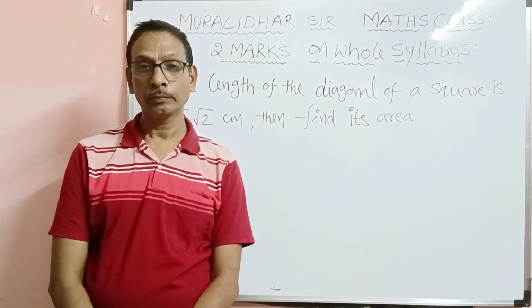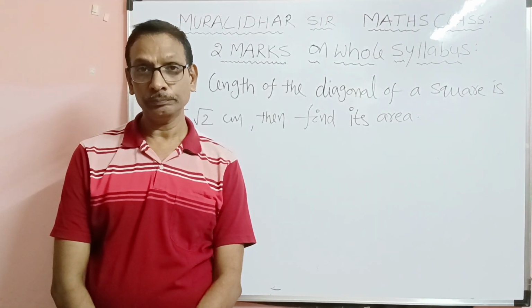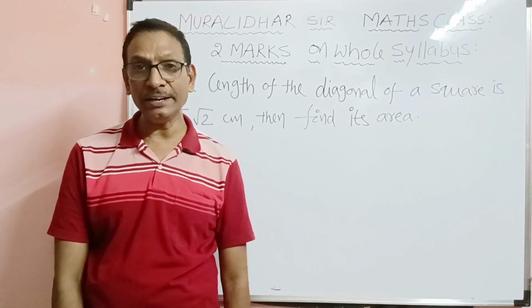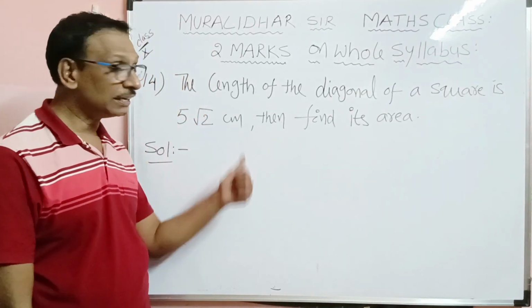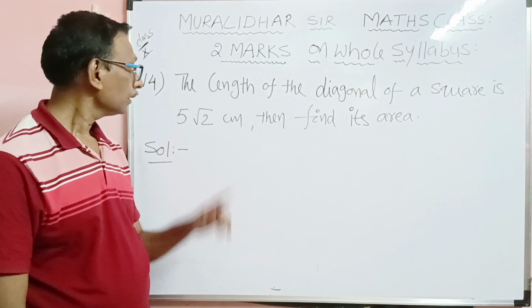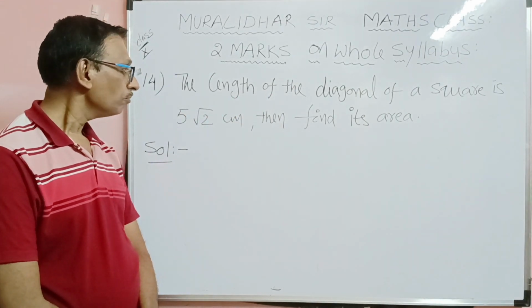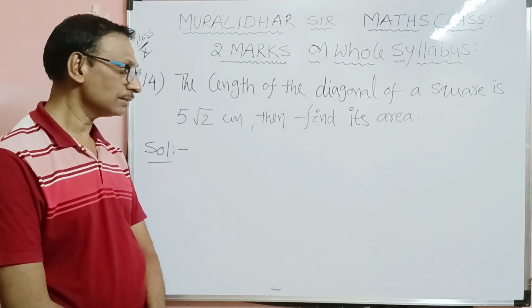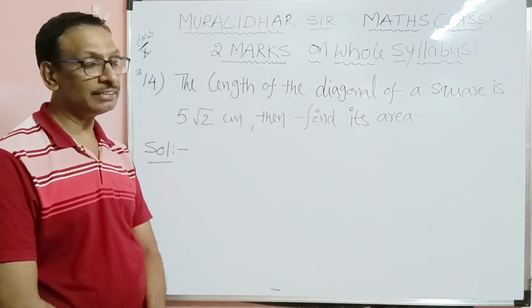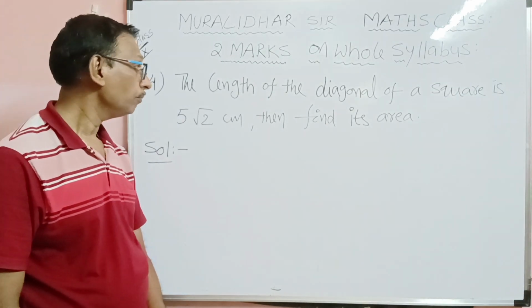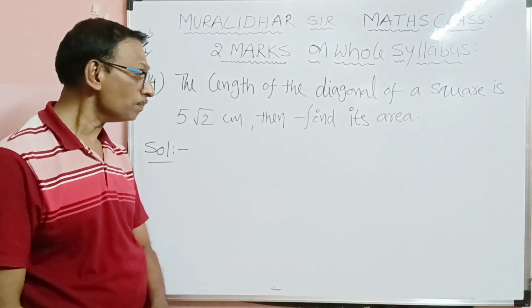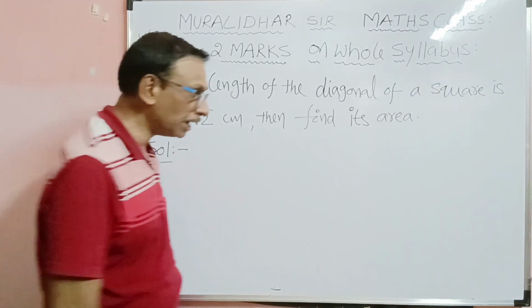Now one more problem. This problem is related to similar triangles. The length of the diagonal of a square is 5 root 2 centimeters. Then find its area. To solve this problem, first you draw a square.